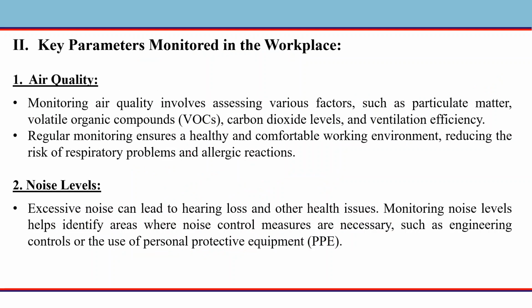So, key parameters that are to be monitored at the workplace, the environmental parameters. The first one is air quality. Monitoring air quality normally involves assessing various factors such as particulate matter or volatile organic compounds, VOCs.